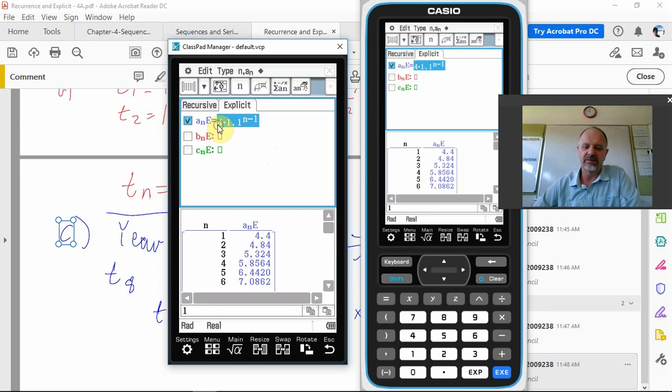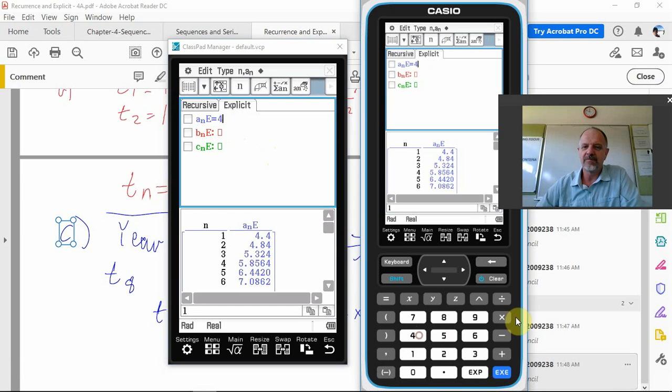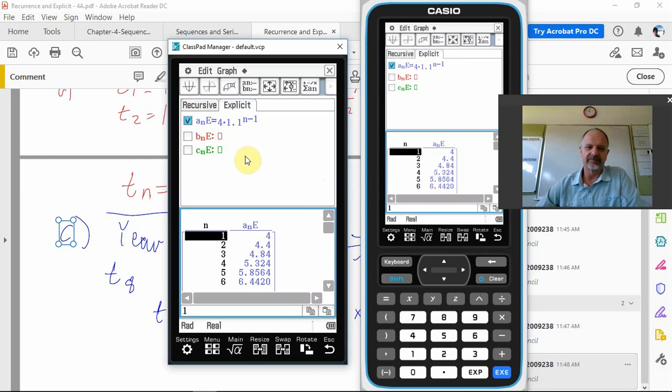All right, so let's go back and do it properly. 4 times 1.1 to the power of, and now I should put in brackets, n minus 1. I think I'm starting to lose it. All right, that's better. Then here we go, term 1, 4, 4.4, and so on.